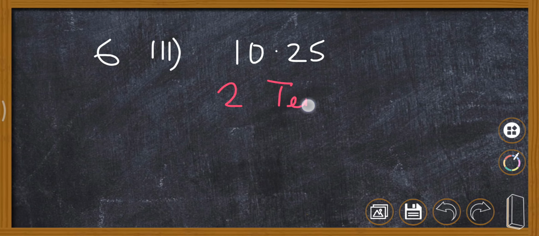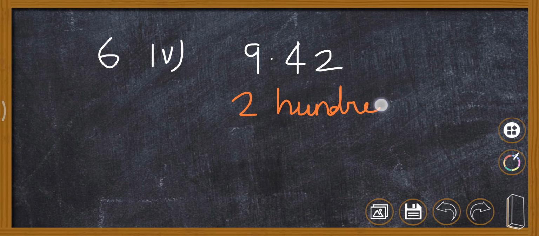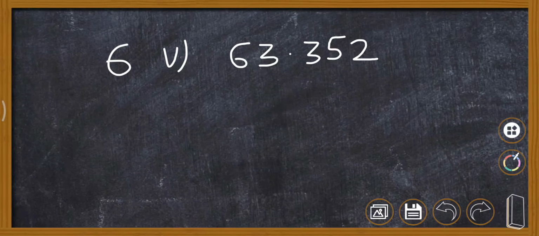Now this is 10.25. You know that this 2 has the place value of tenths, or we can say this is 2 upon 10. Now this is 9.42. Here you can see 2 is on the place of hundredths, because it is after the tenths place, so it is hundredths. Now this is 63.352.